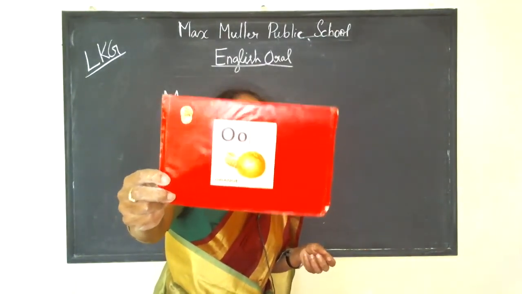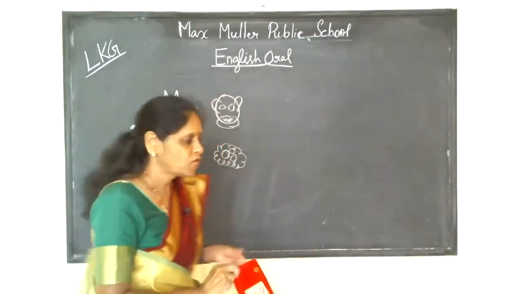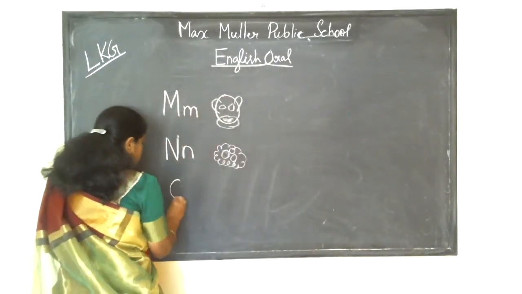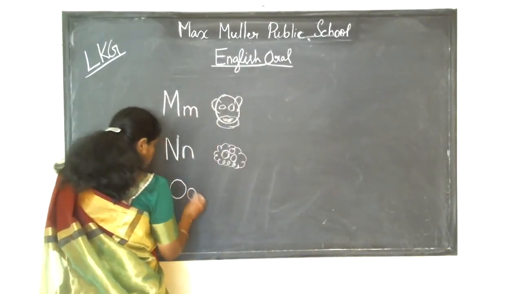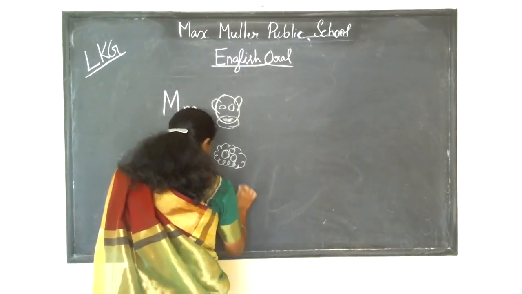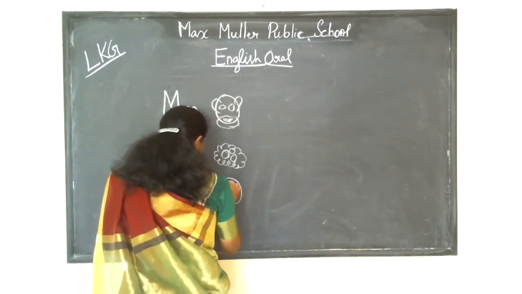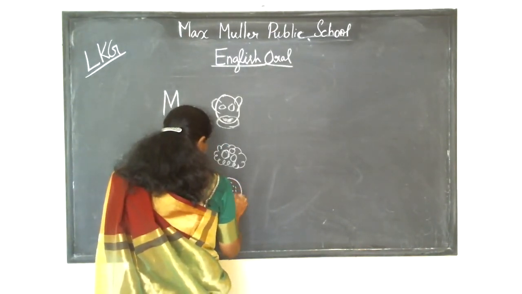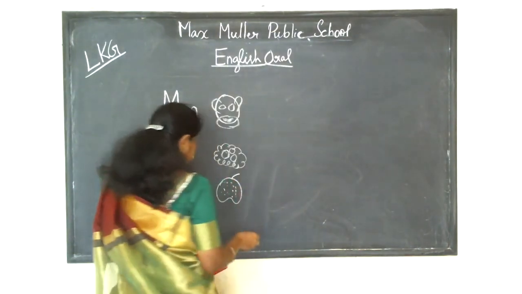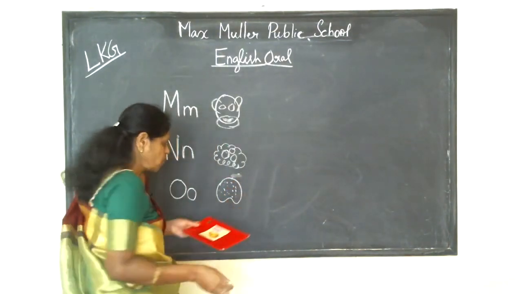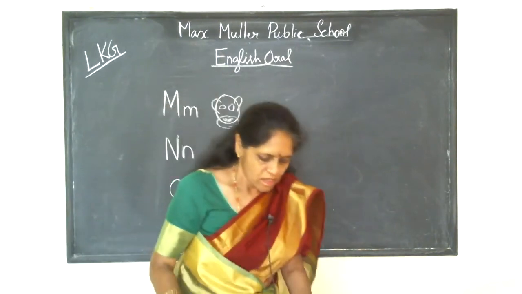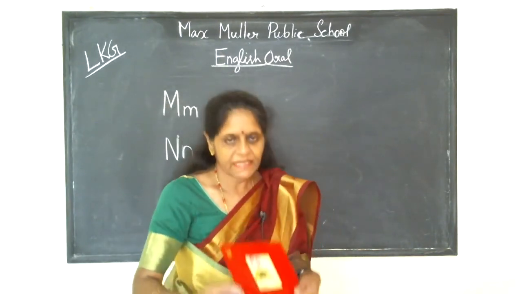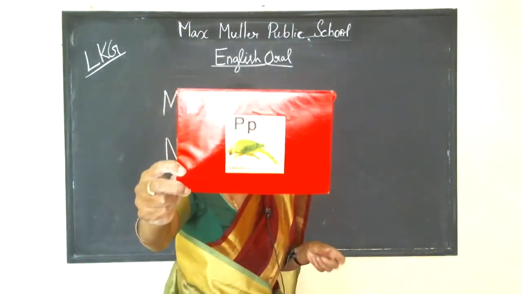O for orange. Capital O, small o. O for orange. Next. Capital P, small p.